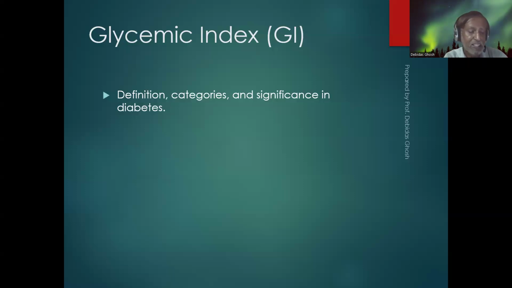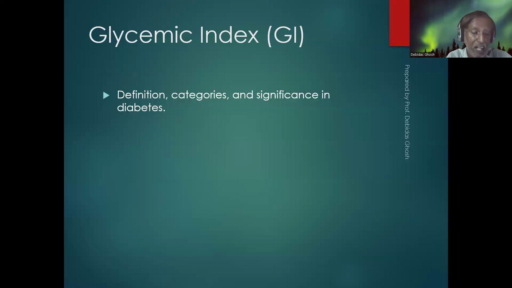On the basis of the glycemic index, foods are divided into three categories. Low glycemic index has a value less than or equal to 55. If the glycemic index value is less than or equal to 55, then it is known as low glycemic index. If the value is 56 to 69, it is known as medium glycemic index.